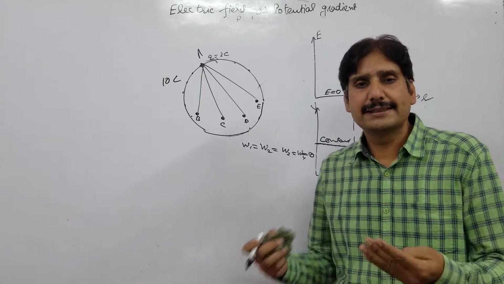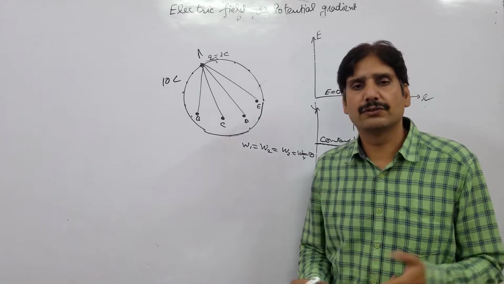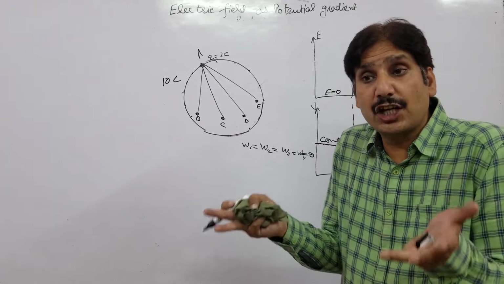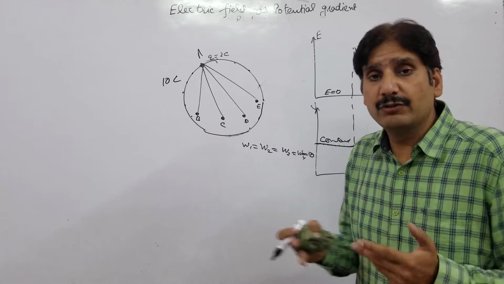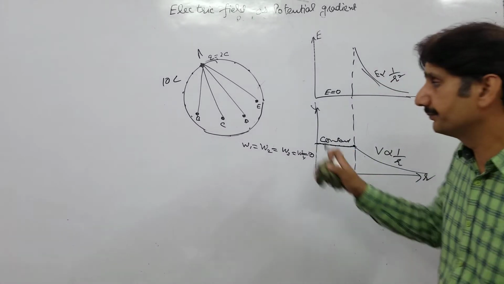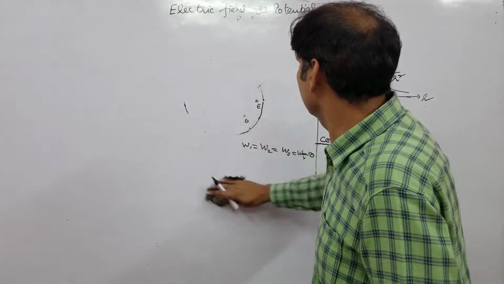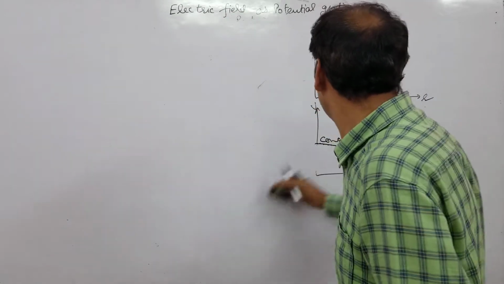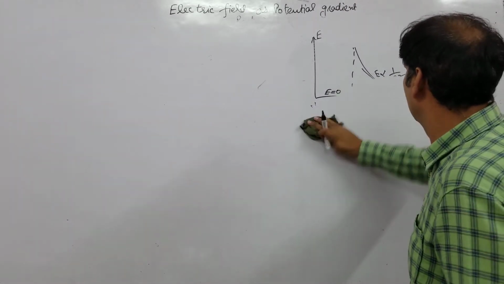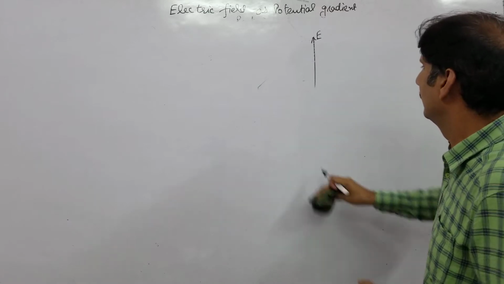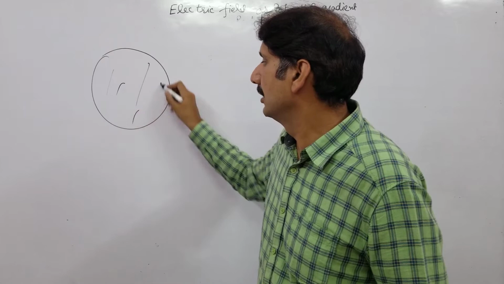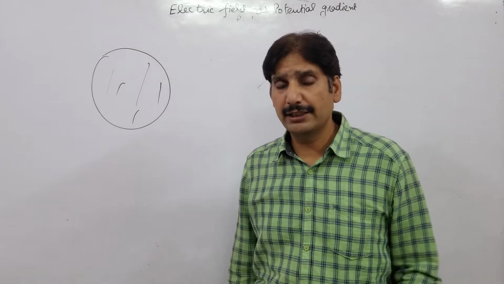Now let's proceed with the second example of Gauss theorem which we did: instead of a spherical shell, if it's a charged sphere, what would be the shape of the electric potential curve? Let's do that. This time it is a solid sphere made up of dielectric material, not a conducting sphere.